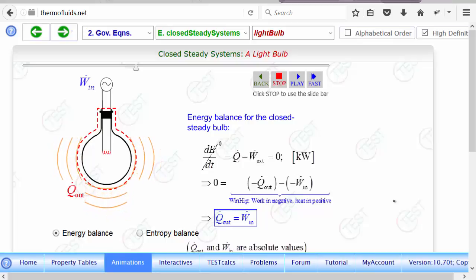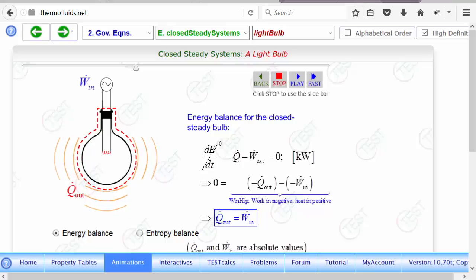On the other hand, when we substitute that in the energy equation, for Q dot we write negative Q dot out, and for W dot external we write negative W dot in. This is something to really understand, because a lot of times students make mistakes on this particular concept. A little algebra brings us that Q dot out is the same as W dot in, which is kind of obvious in this case.